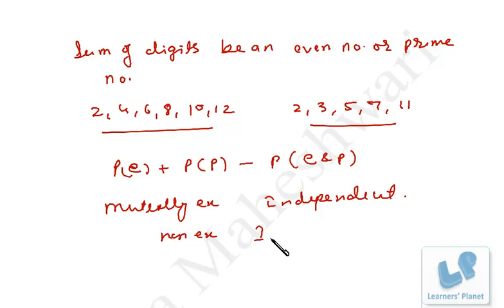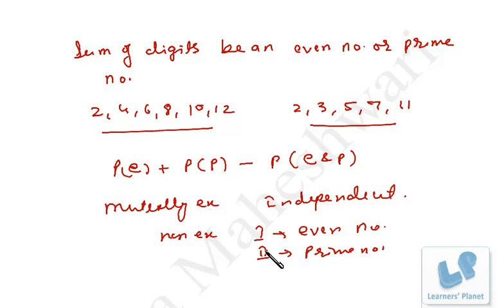In the second throw, I want a prime number, right? That means I'm throwing the dice 2 times, right? I'm not throwing the 2 dice simultaneously. I'm throwing a single dice 2 times, and the first time I want an even number and the second time I want a prime number.